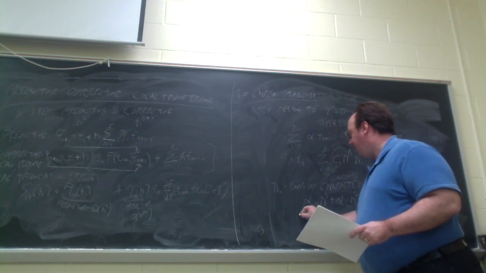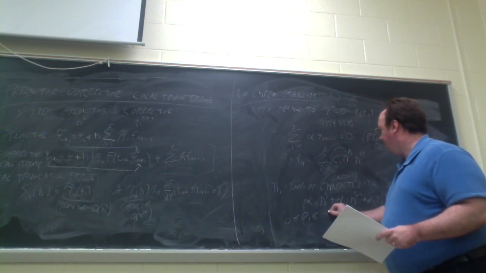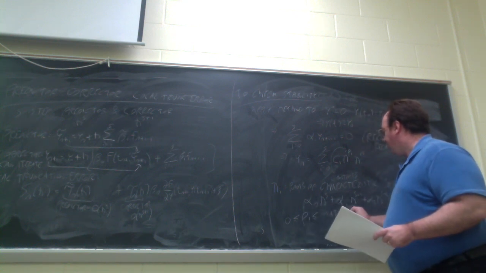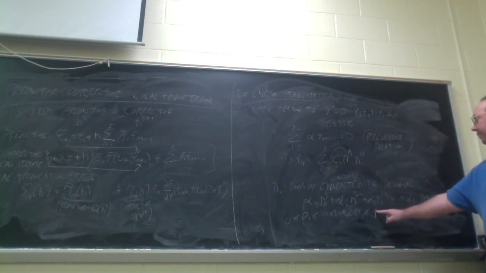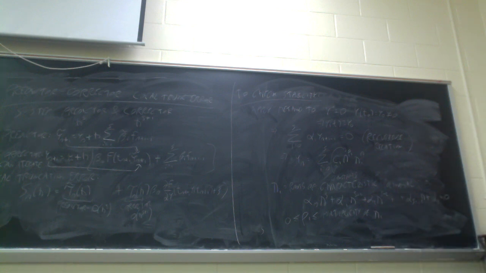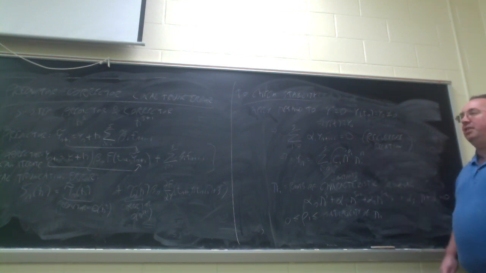Pi ranges from 0 up to the multiplicity of lambda i as a root. So for instance, if you have a triple root, then you can have a term involving just lambda i to the n, and then another term that'll be n lambda i to the n.